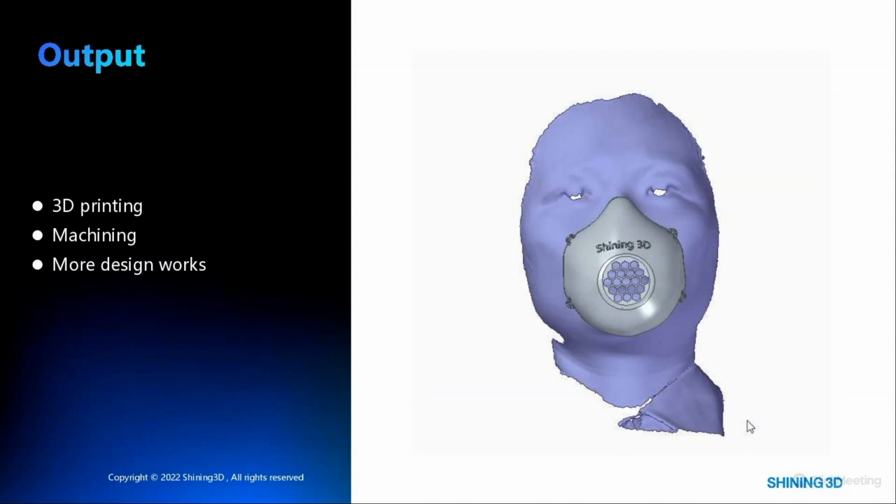You can use the data to do 3D printing, do machining, or you can do more design work. Like what we did here before, we scanned the human face and constructed a printed mask set perfectly fitting your face.